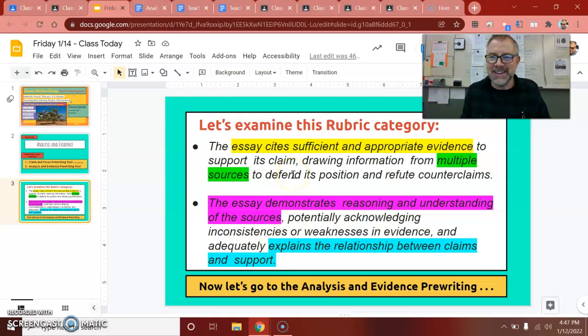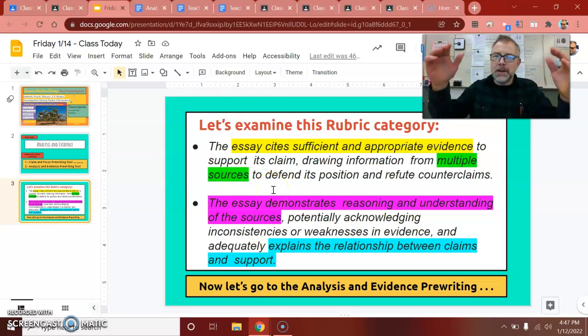Let's put this in easy to understand terms. When we write our current event paragraphs, we grab text from the article. That is our appropriate evidence, except we're going to do it with multiple sources in a whole essay. So that's our evidence.